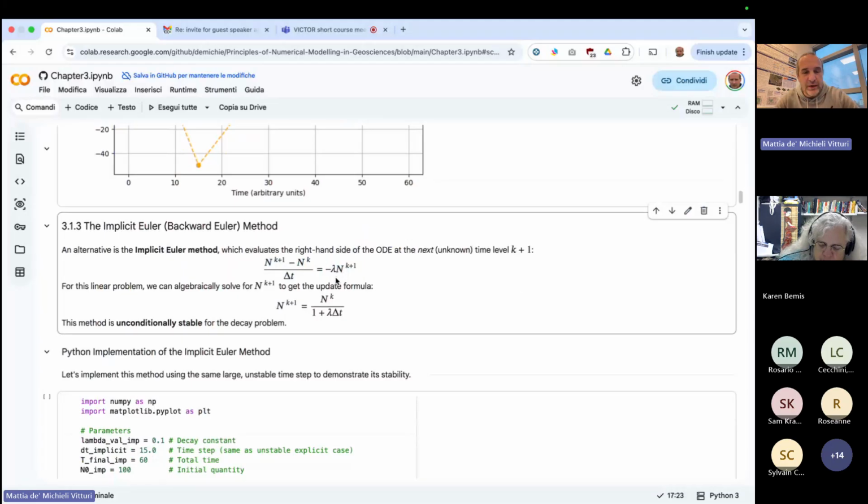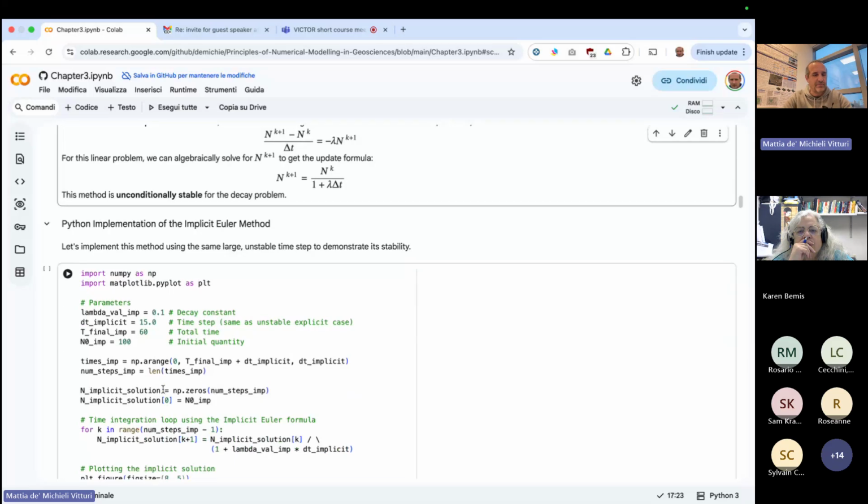But what we can see here is that if we multiply both of the terms by delta t, then we move these terms on the left and we collect nk plus 1. It's possible also to work on the implicit Euler method in order to find a formula that gives us the new value in terms of the old one.